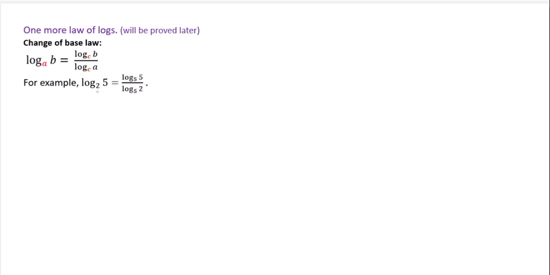I need to change this base to be 5. So here it will be log to base 5 of 5 division by log to base 5 of 2. And please don't confuse it with the quotient rule. The quotient rule is a little bit different from this, and by solving more exercises, it will be very easy to differentiate between them.